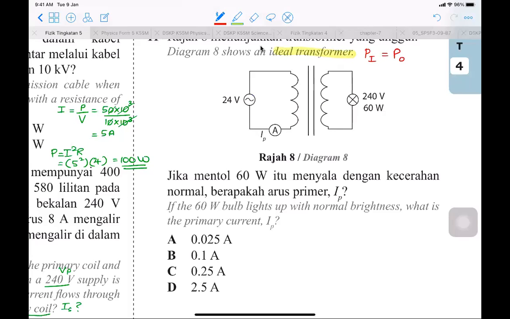So in the diagram you have this one is VP. You are required to find IP. This one is VS. This one is P. So what do you need to find first?